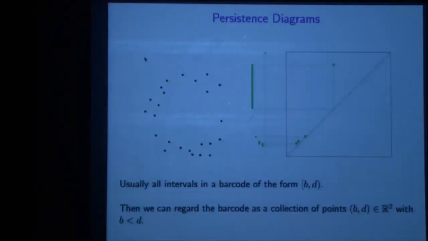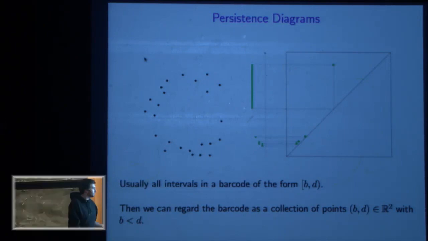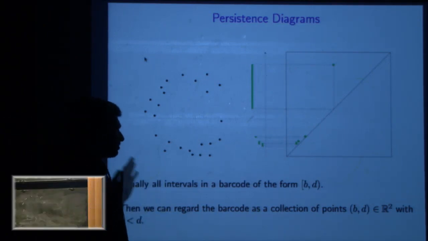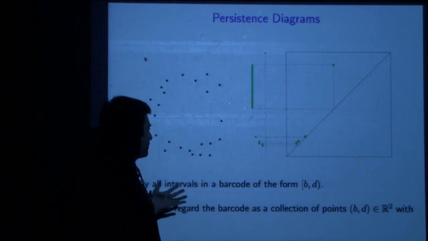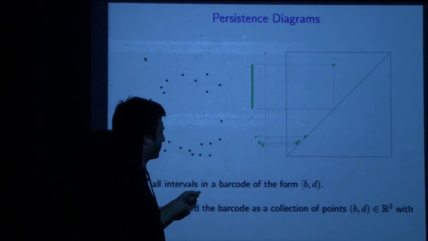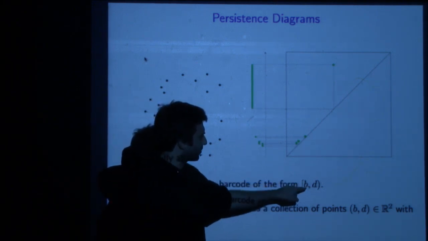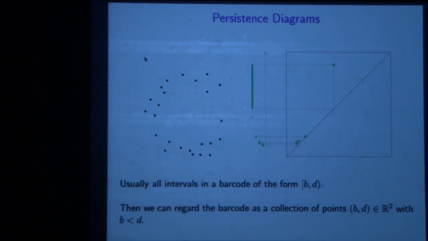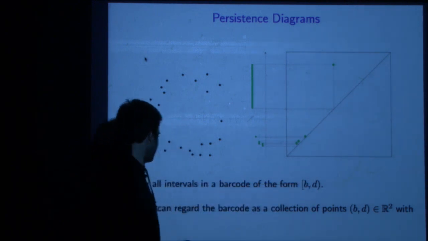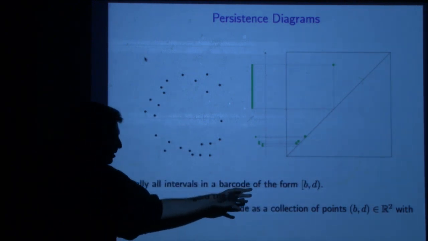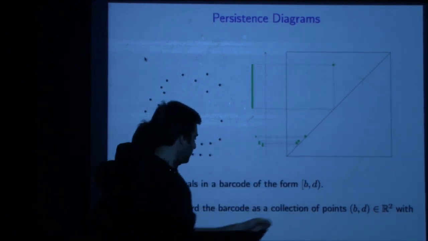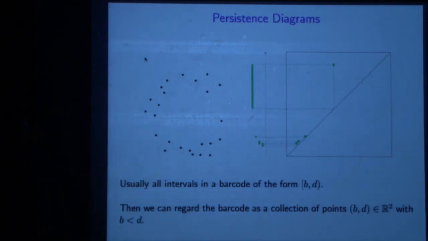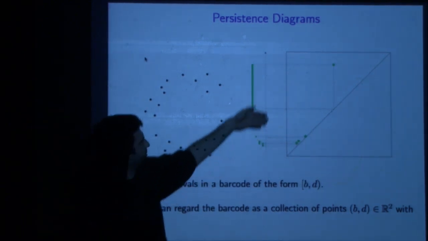Okay, so one remark further about these barcodes, about an alternate way of representing them. In practice, and in particular in any computational setting, our barcodes are going to be of the form [B, D), left closed, right open, and then all the information in the interval is in B and D, and we can just regard the barcode as a collection of points (B, D) in the plane with B less than D. So I could have the interval stacked like this.